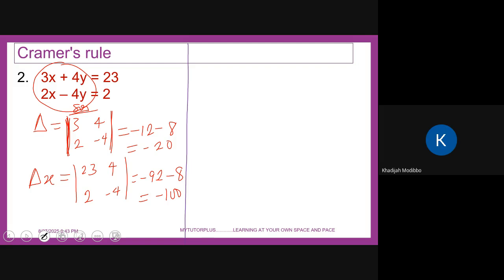Yes. And the next thing we get is delta y. So what will be my determinant for delta y? x will remain the same, 3 and 2. The second one will be 23 and 2.